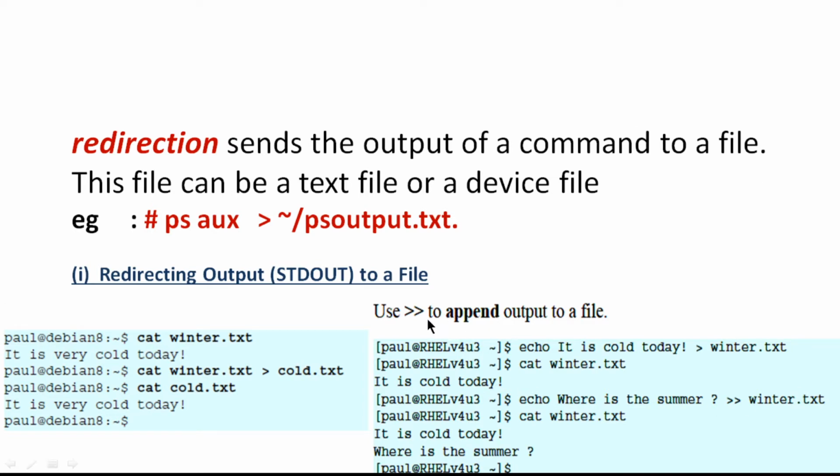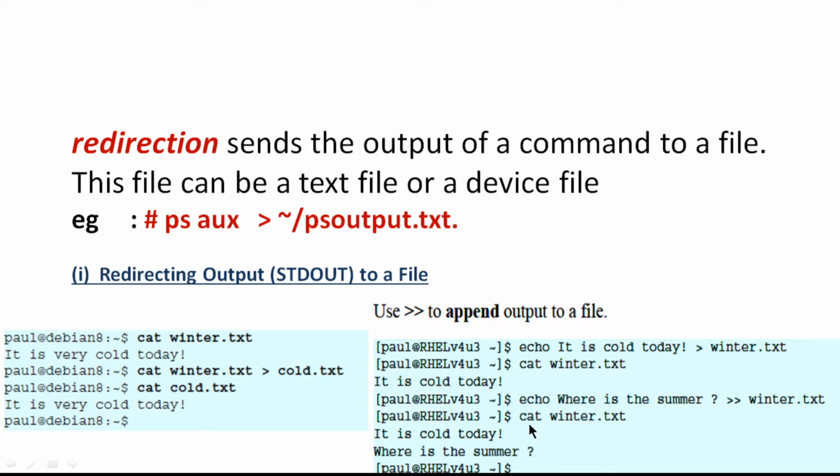Similarly, instead of moving the entire content to a new file, if I want to append the output to a file, I can use the double greater than symbol. Here there is already an example: cat winter.txt shows it's cold today. Then I have asked echo where is the summer, which I am adding to winter.txt, using the double greater than symbol in between.